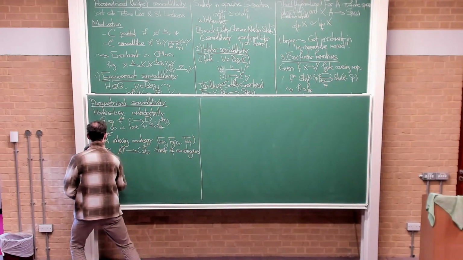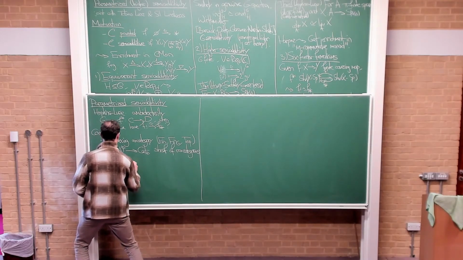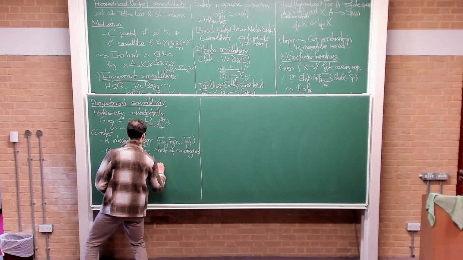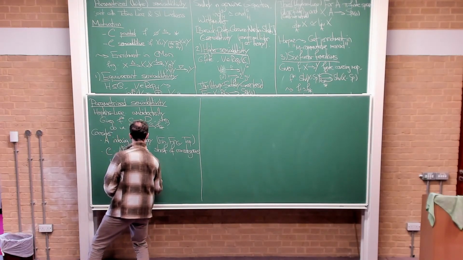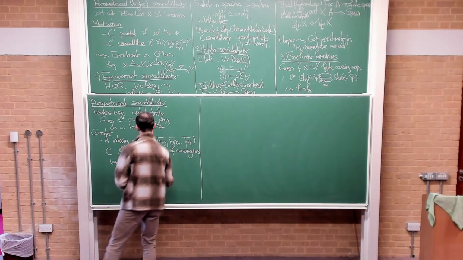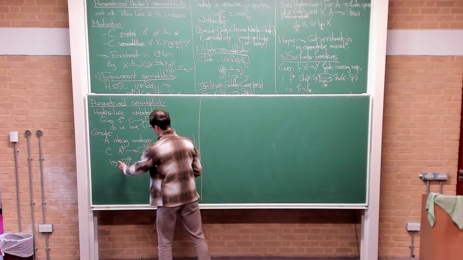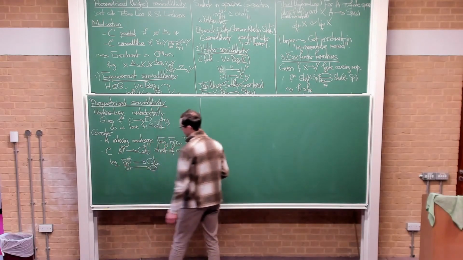For example, to get ordinary semiadditivity, we would just consider the functor from finite sets to infinity categories, which takes a finite set S and sends it to C to the power S for a fixed infinity category C. This is the same as asking for functors that preserve finite products.